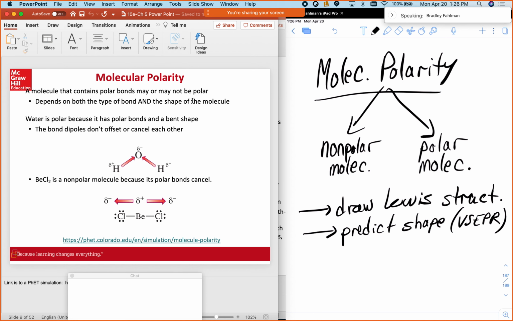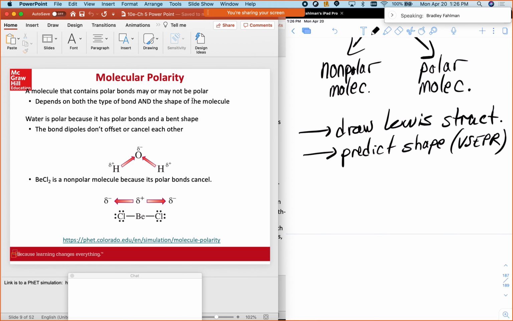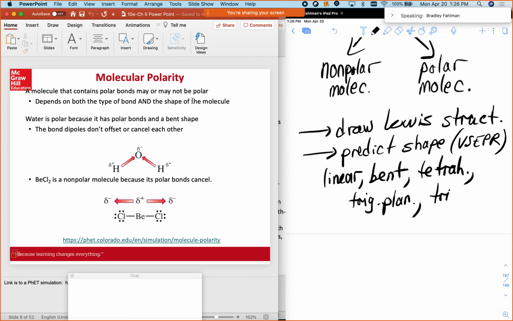We looked at just a few shapes: linear, bent, tetrahedral, trigonal planar, and trigonal pyramidal. I think those are the only ones we really looked at in this class.